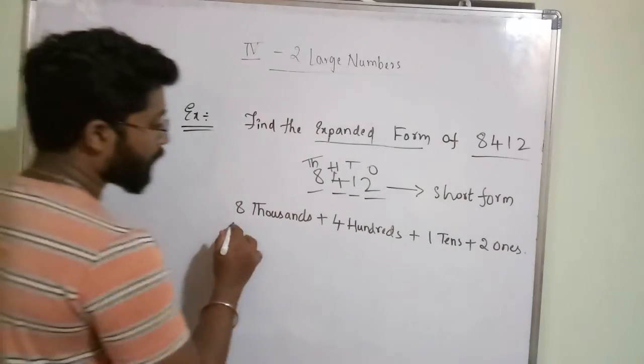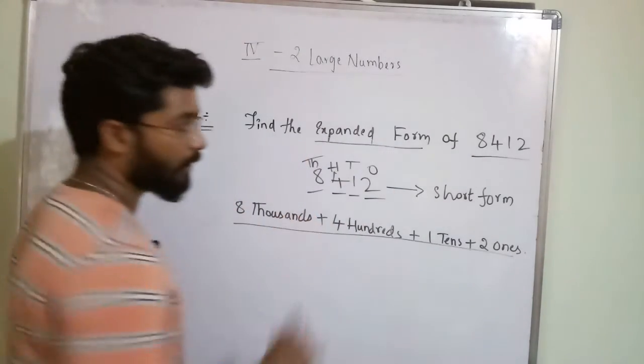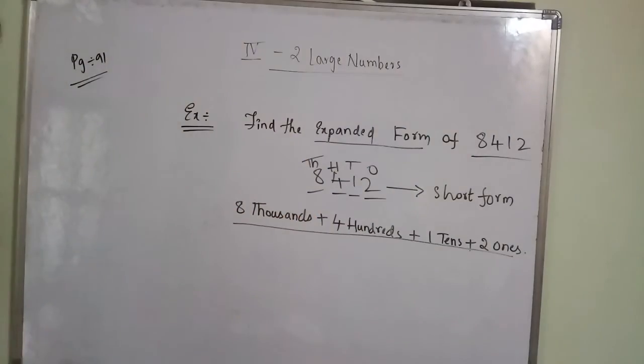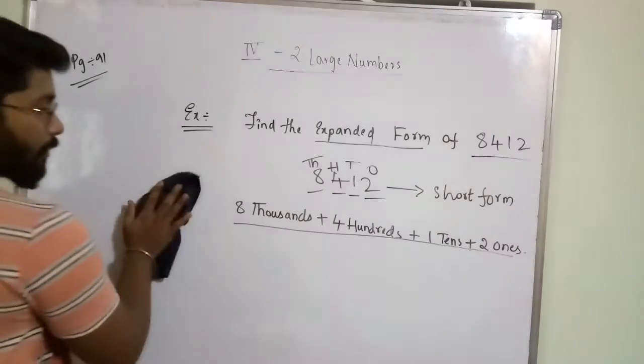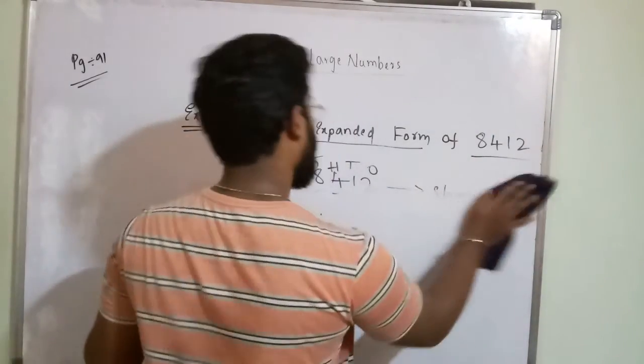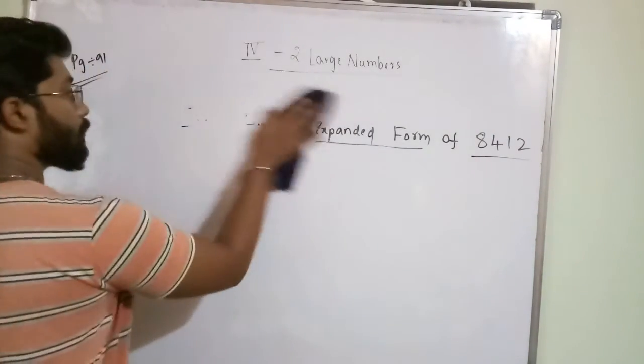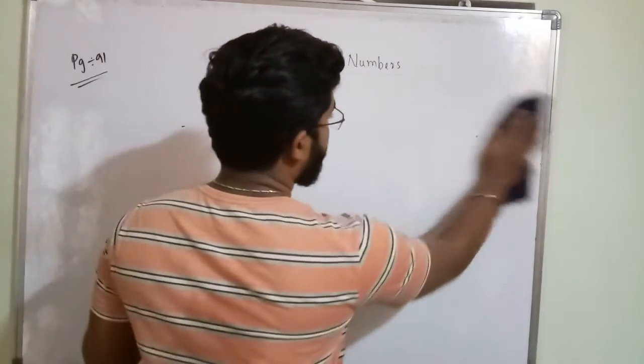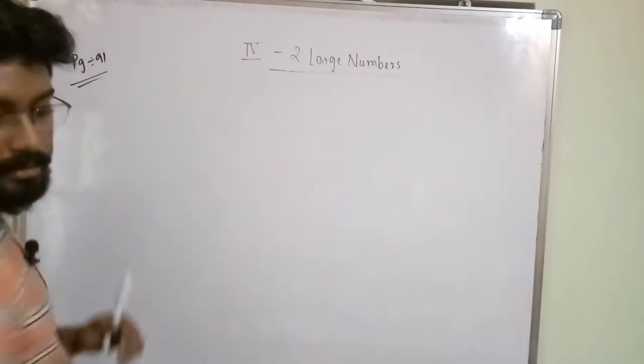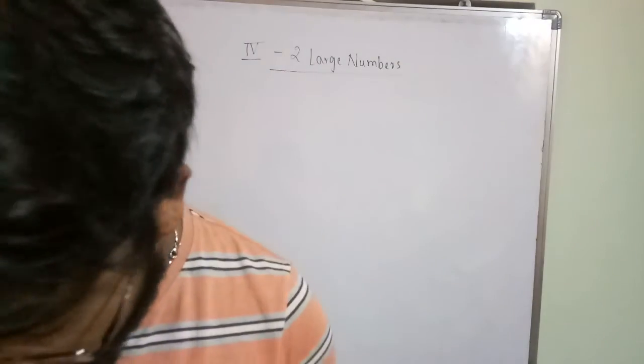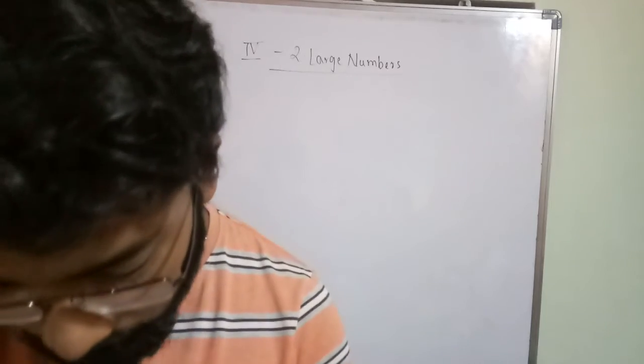This is the expanded form of 8412. So like that you have to understand the concept. I have given you 2 examples. So with this we have completed the topic, expanded form and short form.